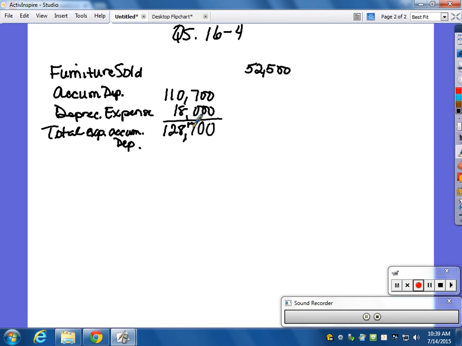What was the actual accumulated depreciation at the end of the year? 88,700. And we want to subtract that. What does that give us? 40,000.